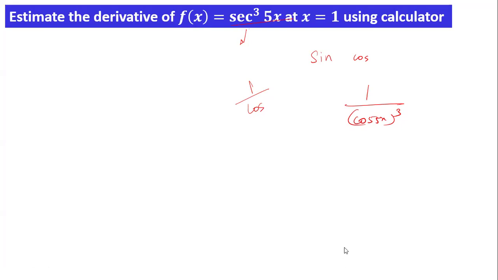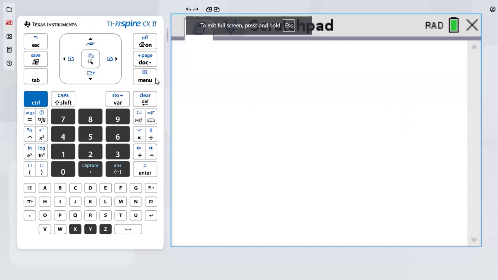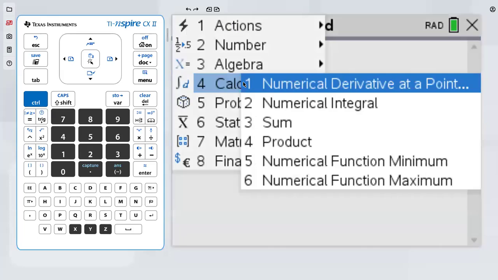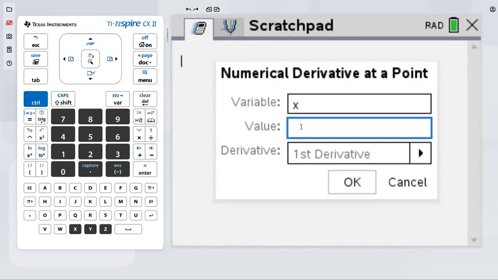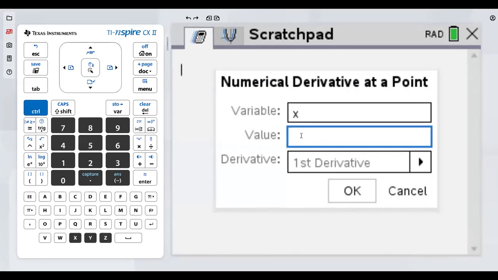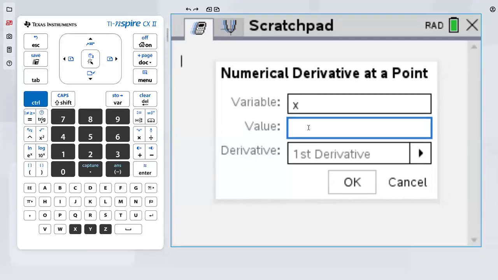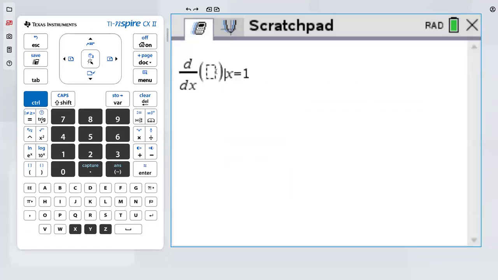Let me show you. You can even use Desmos, but let me explain with the calculator first. Okay, so we are going to go for calculus, numerical derivative at a point. We are going to estimate the value at x equal to 1, and first derivative. So d by dx of, actually, we have to go for secant cube.